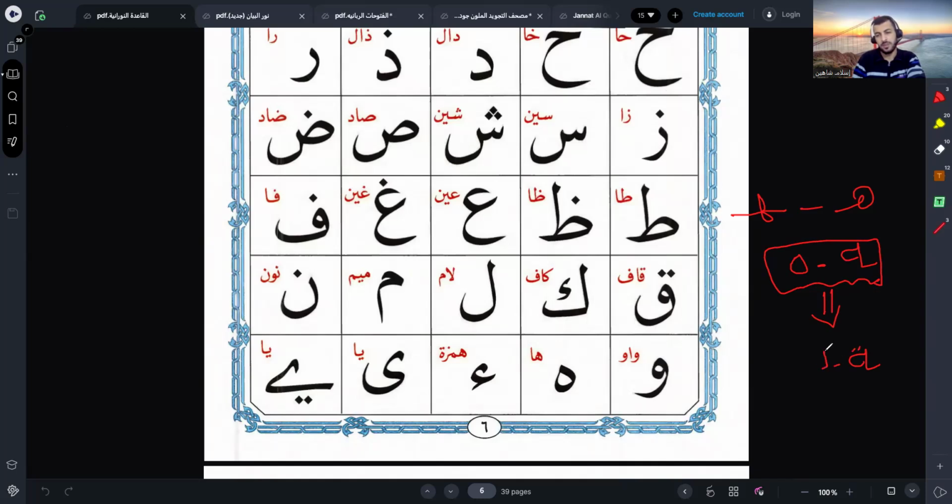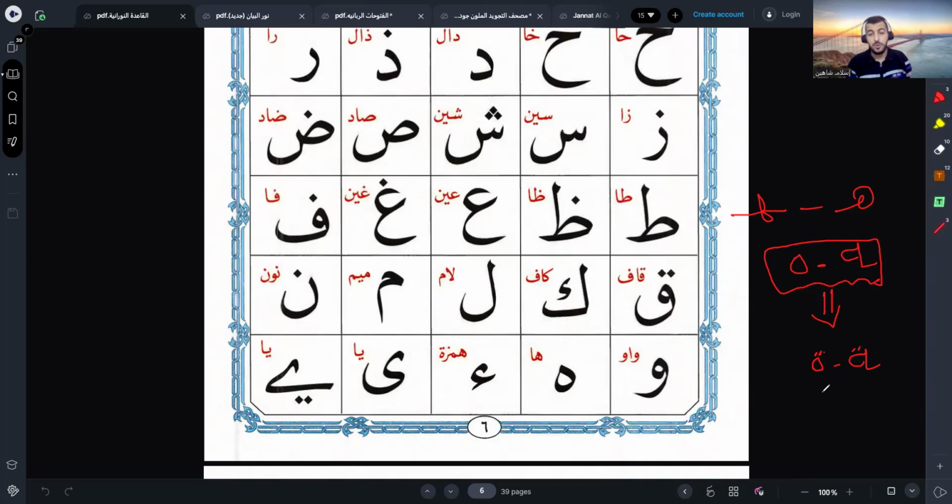And you're going to ask yourself, so what is the difference? The difference is the dots. Dots actually make it a totally different letter, which is ta marbuta, or circled ta, or hide ta as we call it.